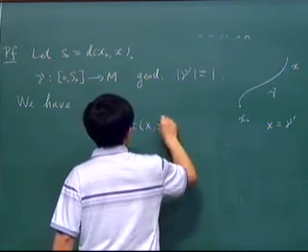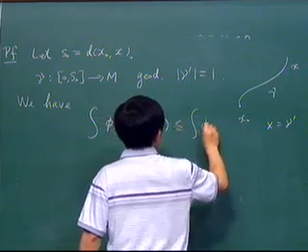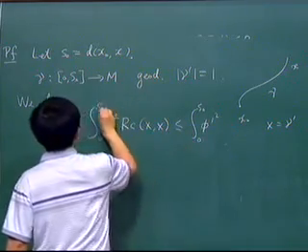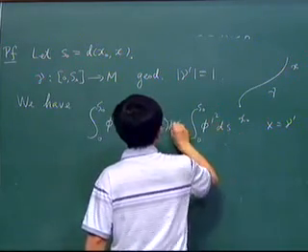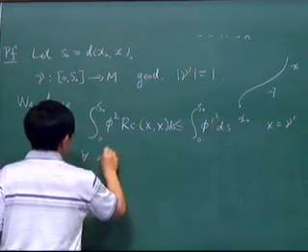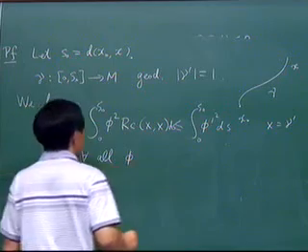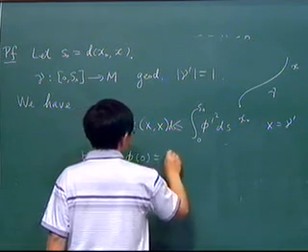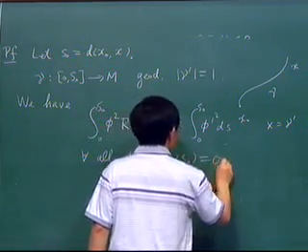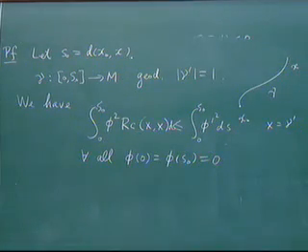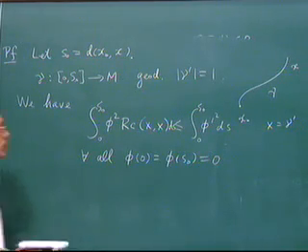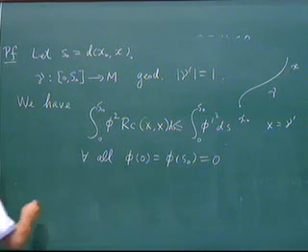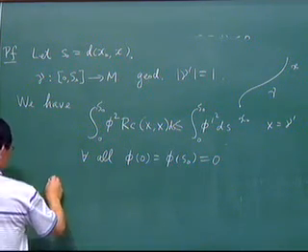So for all phi, continuous smooth function or local Lipschitz function, so what we need is to estimate f. We can see that from the equation we have this function.